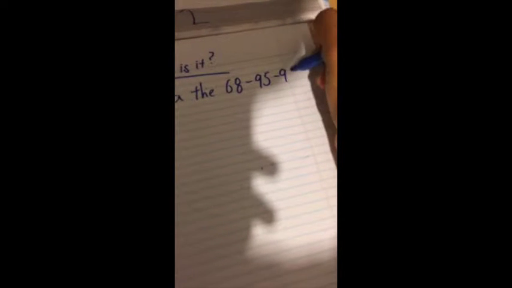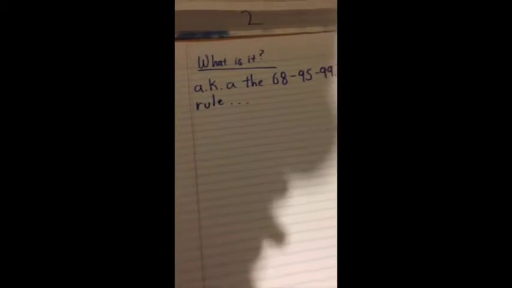First off, it's also known as the 68, 95, 99.7 rule, and later on we'll apply these to normal graphs.